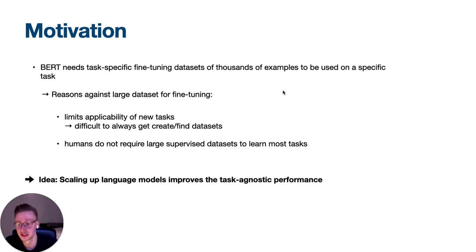And another reason is that humans do not require those large supervised data sets to learn most of the tasks. So for us, most of the time it's enough if we get a few examples or even sometimes a description of a task so we can perform it. So the idea was basically to scale up those language models to improve the task agnostic performance.